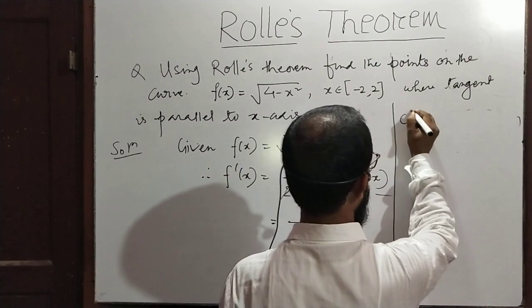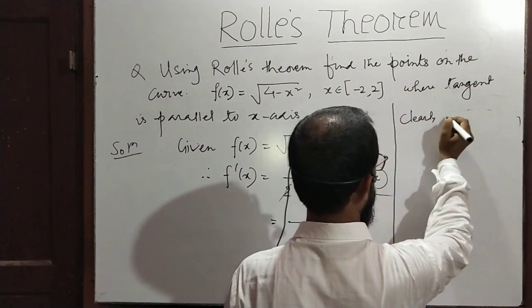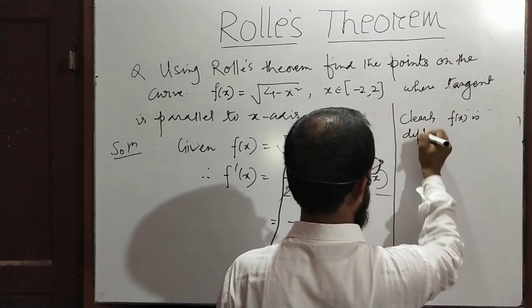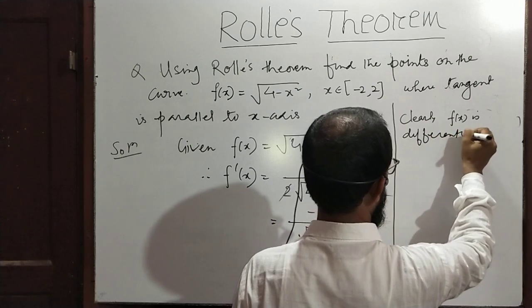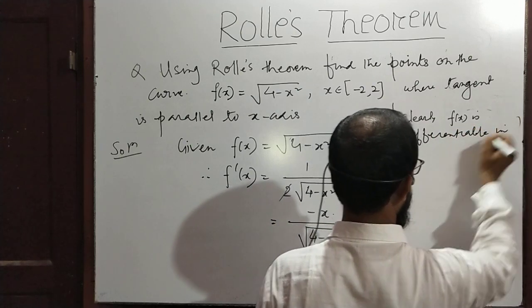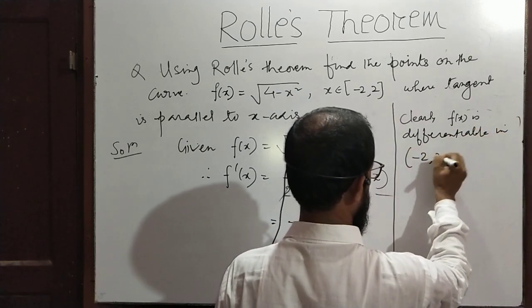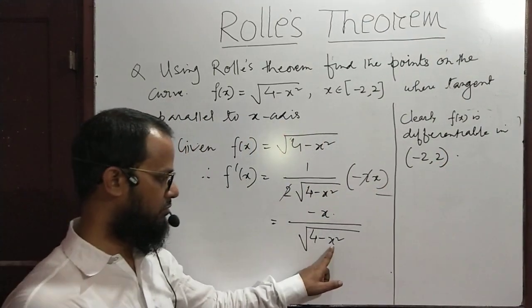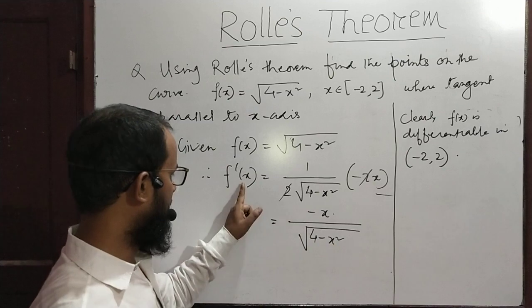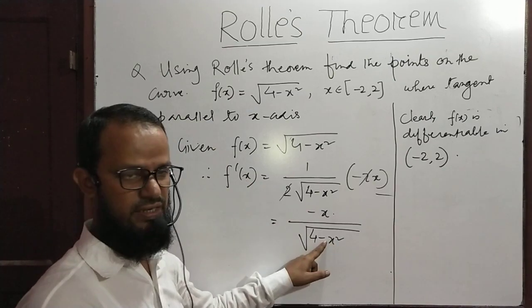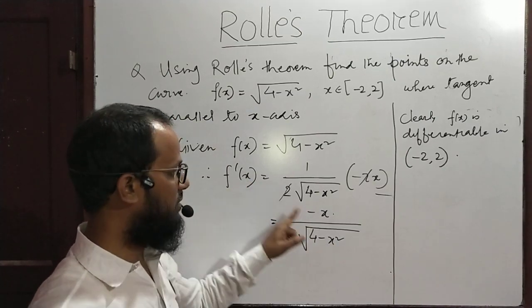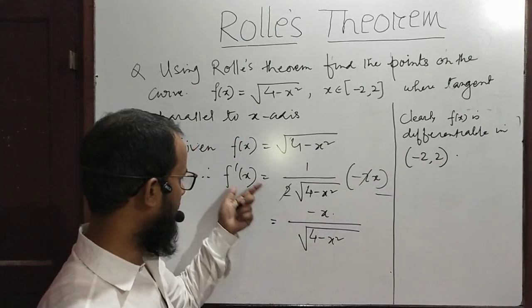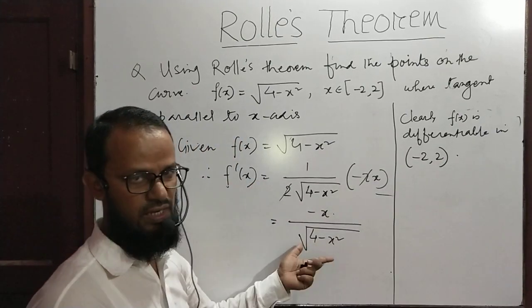Clearly you see, f(x) is differentiable in the open interval minus 2 to 2. Only when x is equal to minus 2, f dash of minus 2 is undefined, and when x is equal to plus 2, again the denominator will be 0, and f dash 2 will be undefined.